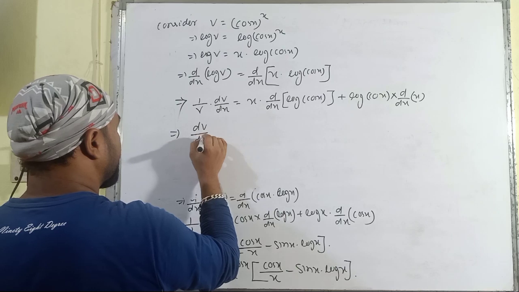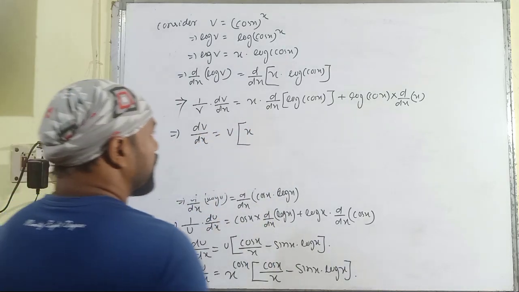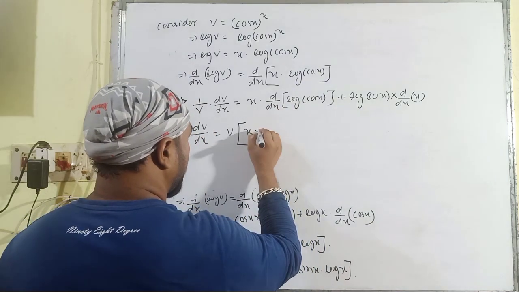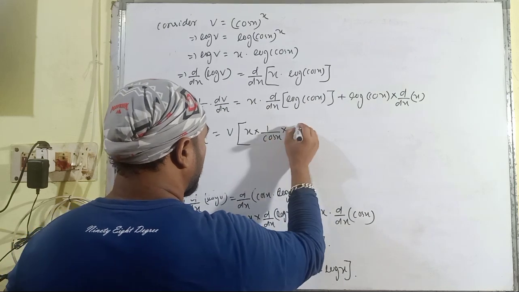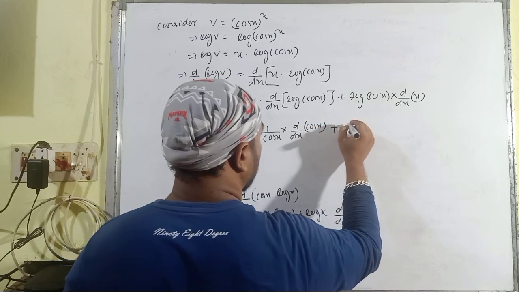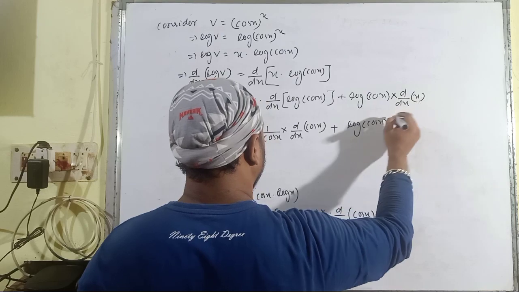dv upon dx is equal to v multiplied with, then first of all we have to differentiate log cos x, so it is 1 upon cos x multiplied with the differentiation of cos x plus log cos x, because differentiation of x it is 1.